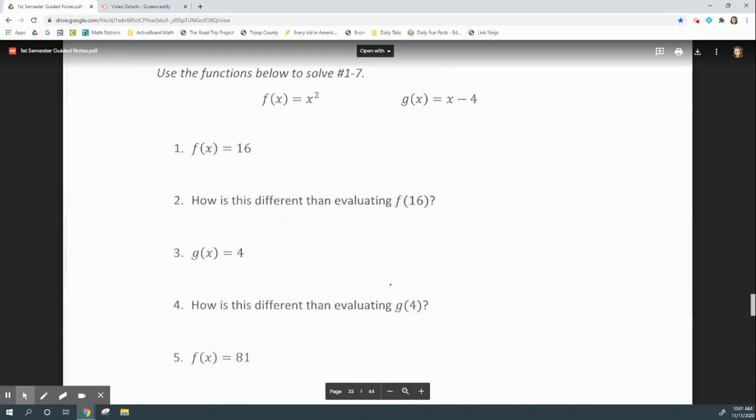Y. What is f of x right here on number 1? 16. So now instead of f of x, I can write 16, right? So I write 16 equals x squared. Now I can solve for x.